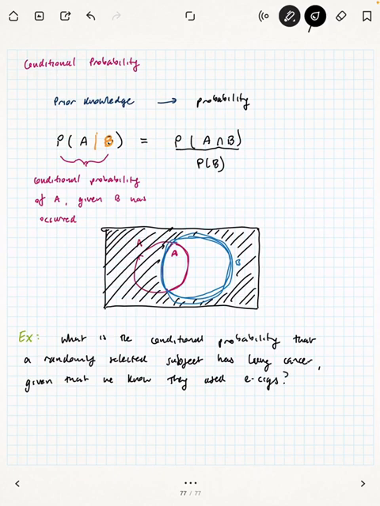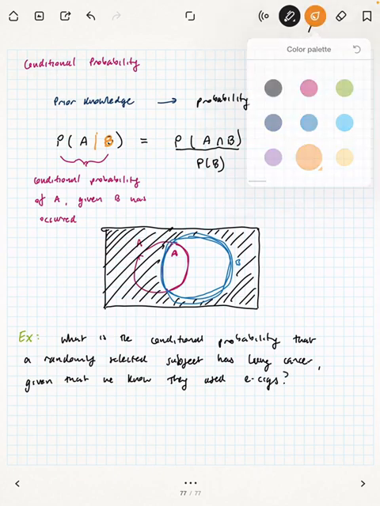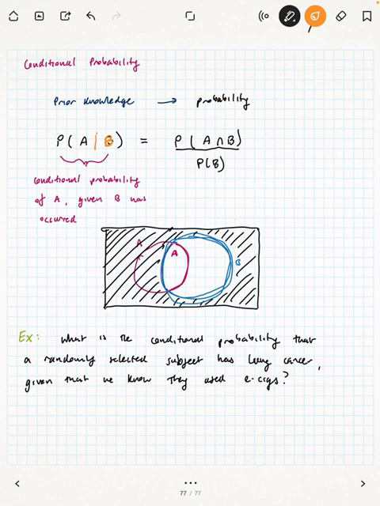So if we're trying to read this, so the probability, right? We're interested in a probability. A randomly selected subject has lung cancer.